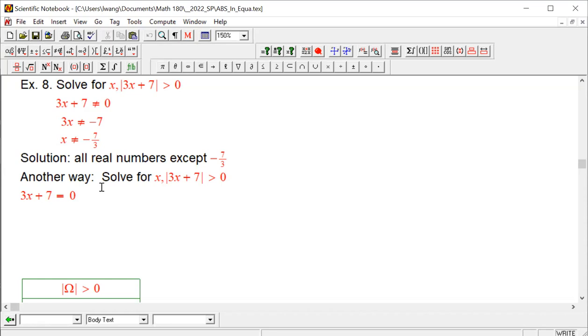So I'm going to exclude the number such that omega is 0. You need to understand the logic. You set it equal to 0, and then you separate, then you get x equals -7/3.